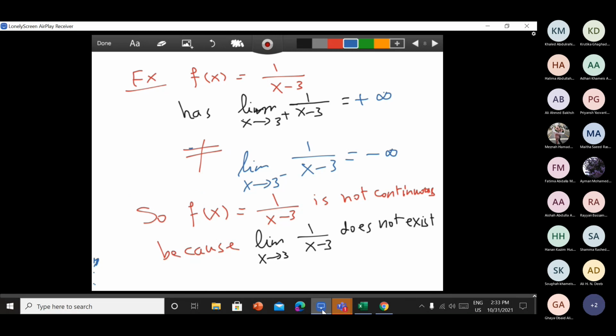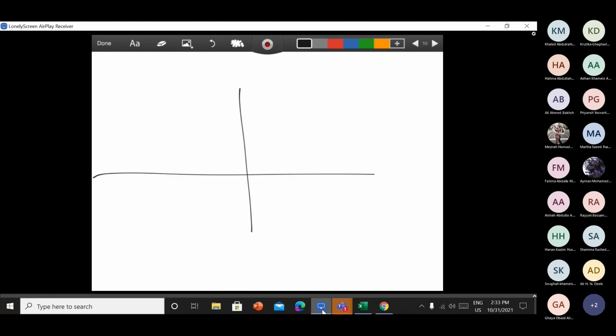Okay. How can I use this to graph my function? As simple as that. You have the x-axis and the y-axis, and you have a problem exactly at this 3. So at x equal to 3, what does x equal to 3 represent? A vertical line. How to graph a vertical line?